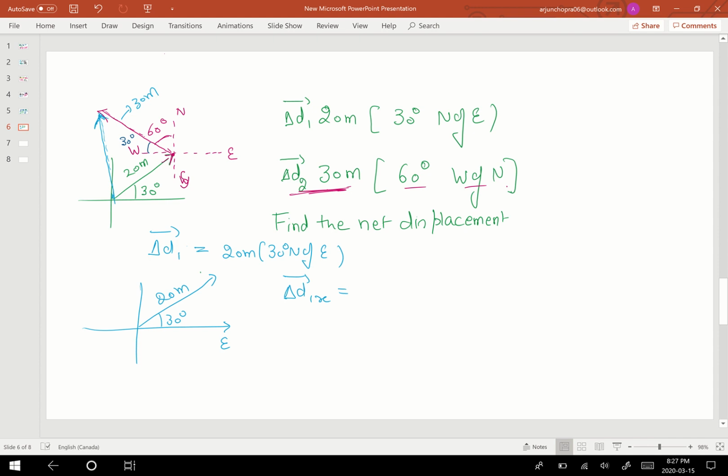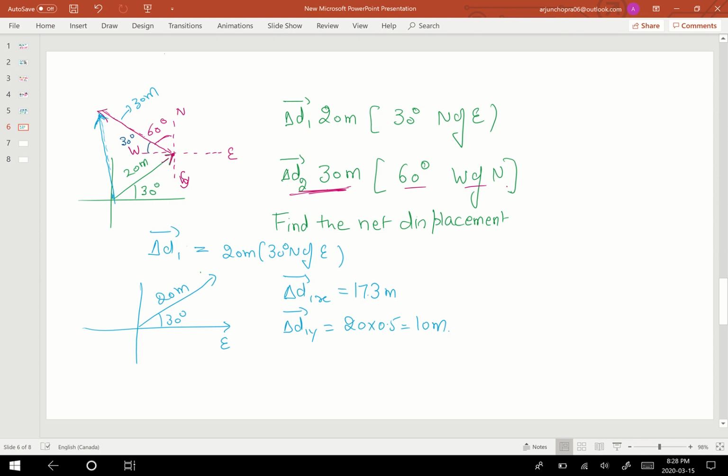That value will be 20 cos of 30, which is equal to 17.3 meters, and delta d1y will be equal to 20 sine of 30, which will be 20 times 0.5, which comes out to be 10 meters.